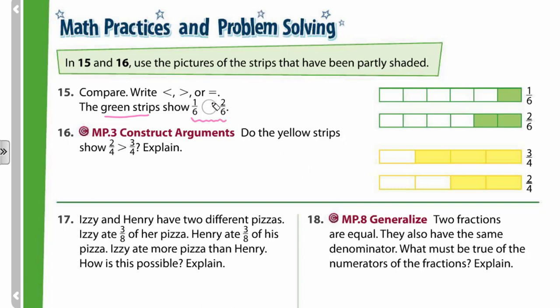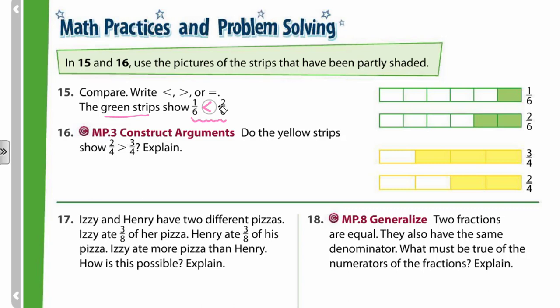Less than. As you can see in the picture, 1/6 is less than 2/6. Any problems? No. Okay, let's move to the next one.